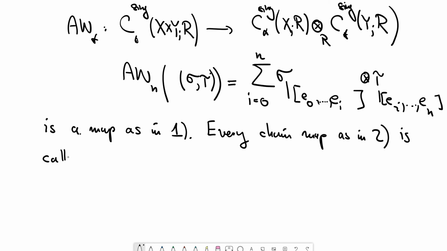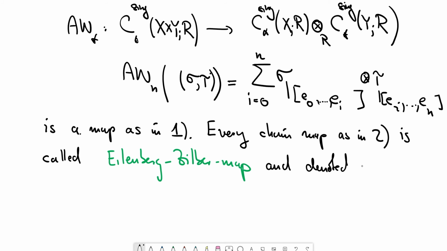So there is no such distinguished representative there. And these Eilenberg-Zilber maps are generically denoted by EZ.